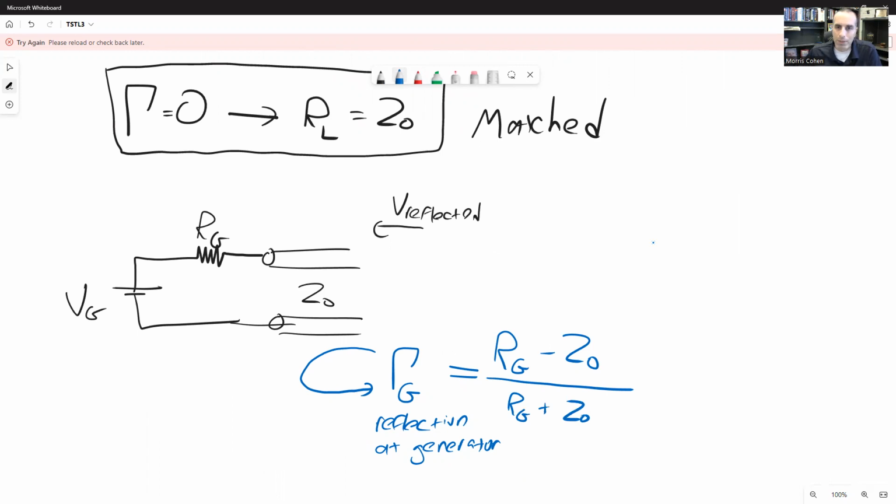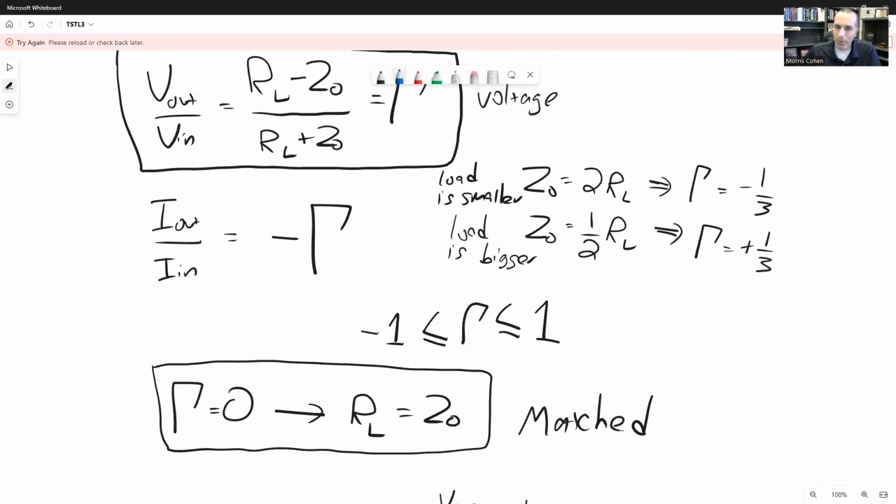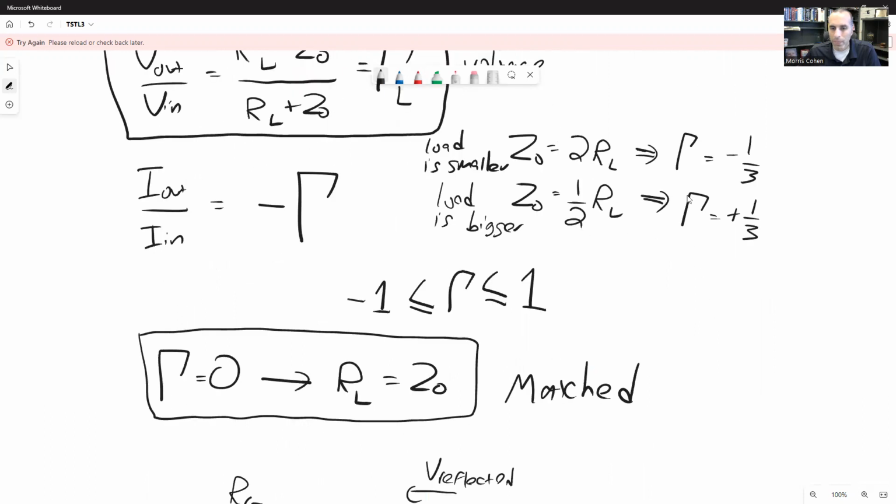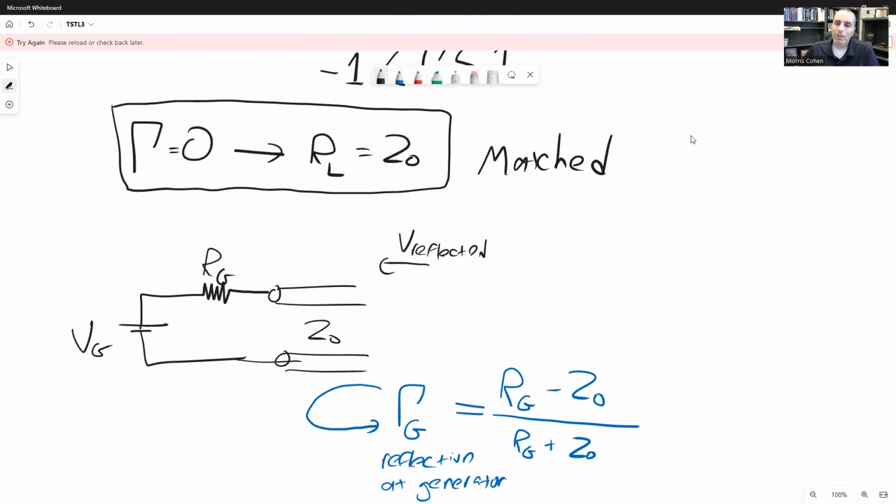And if you want to complete this picture, I really should put an L underneath this gamma, because this is the reflection coefficient at the load. So now you can see that I've got a reflection coefficient at the load side, and a reflection coefficient at the generator side or the source side.